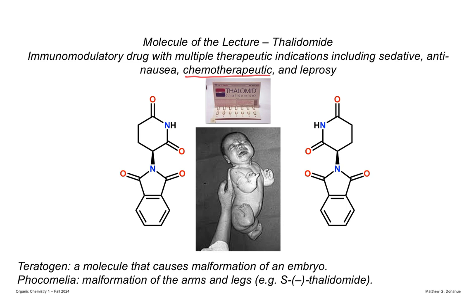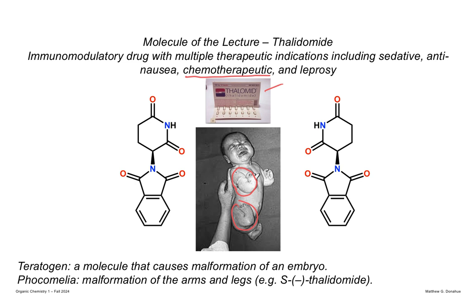And basically, what was found out, as you can see in this old-timey package here, is that women that were taking thalidomide when they were pregnant were having babies born with, as you can see in the limbs, the arm and the leg there, a defect.